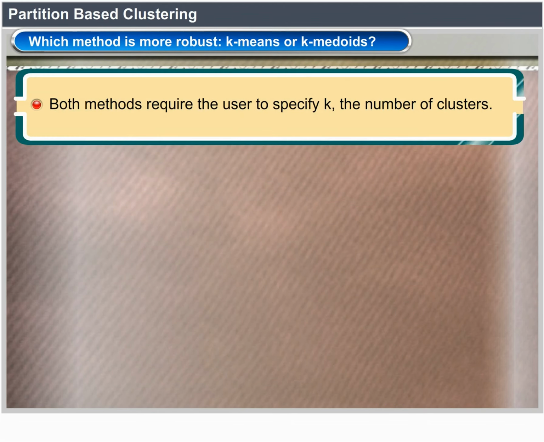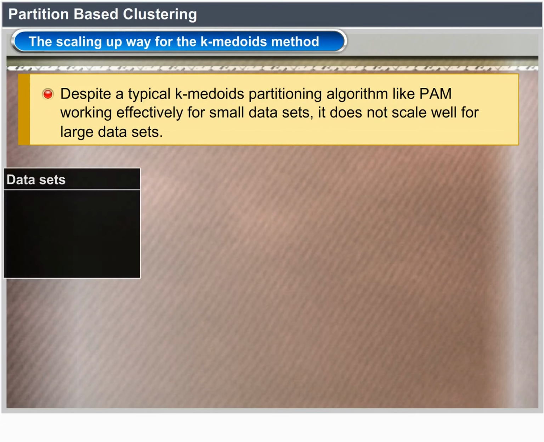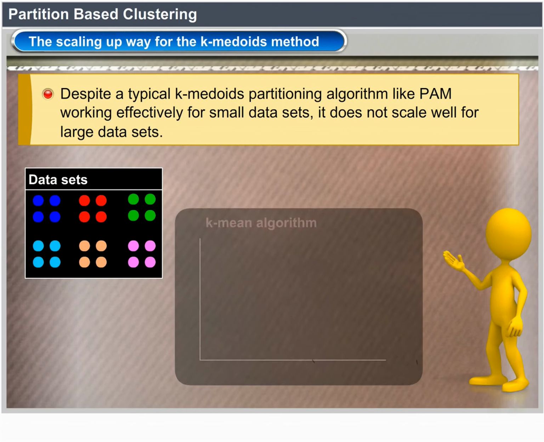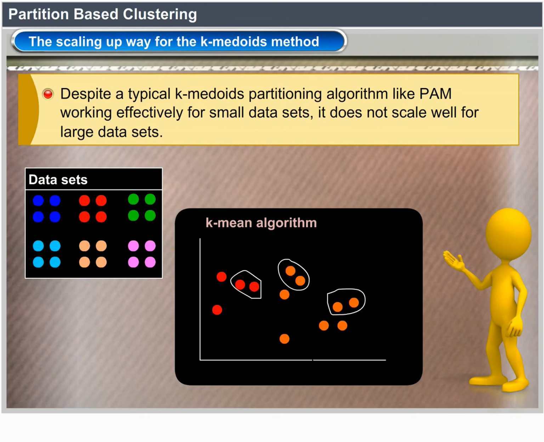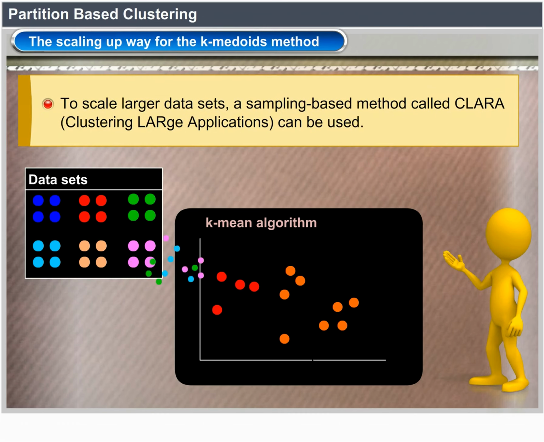How can we scale up the k-medoids method? A typical k-medoids partitioning algorithm, like PAM, works effectively for small datasets but does not scale well for large datasets. To deal with larger datasets, a sampling-based method called CLARA, Clustering LARge Applications, can be used.